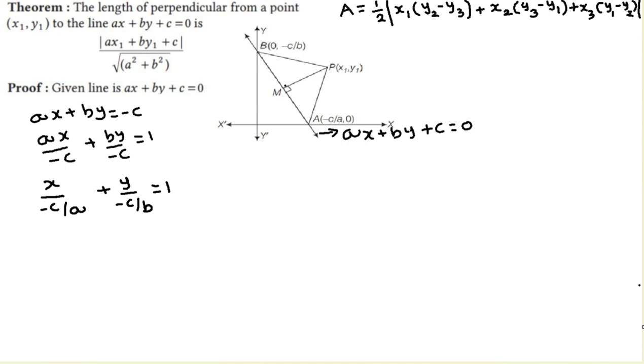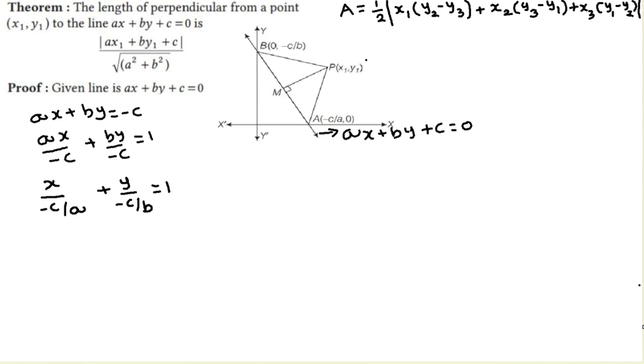Now the point A is the x-intercept (minus c by a, 0) and the point B is (0, minus c by b), and we have taken the point P to be (x1, y1).